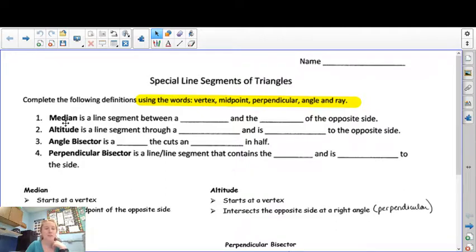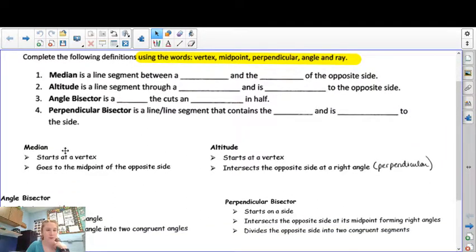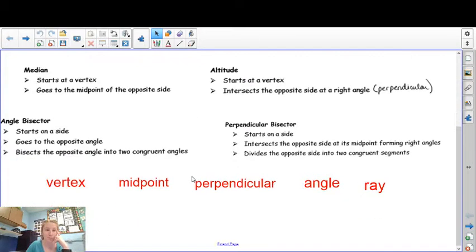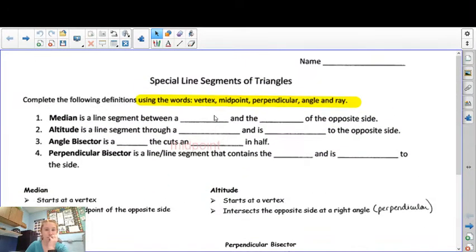Alrighty, so the median is a line segment between a blank and the blank of the opposite side. Starts at a vertex, goes to the midpoint of the opposite side. So maybe we're going to use the word midpoint. The midpoint's going to go in this one.